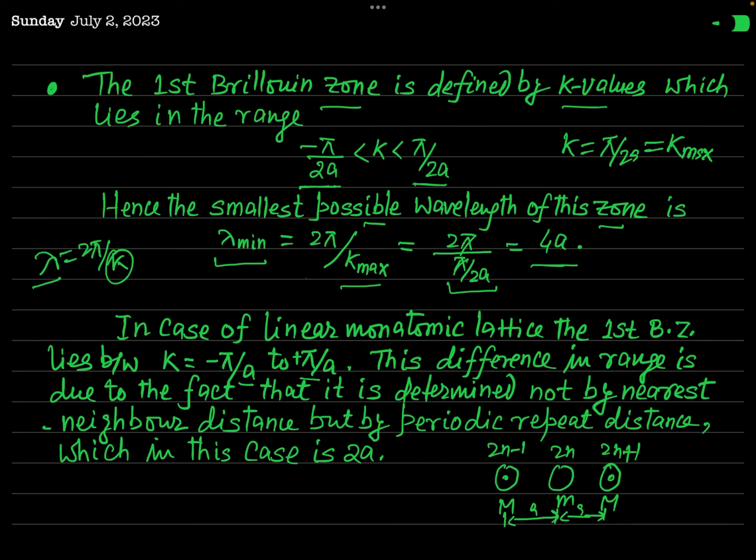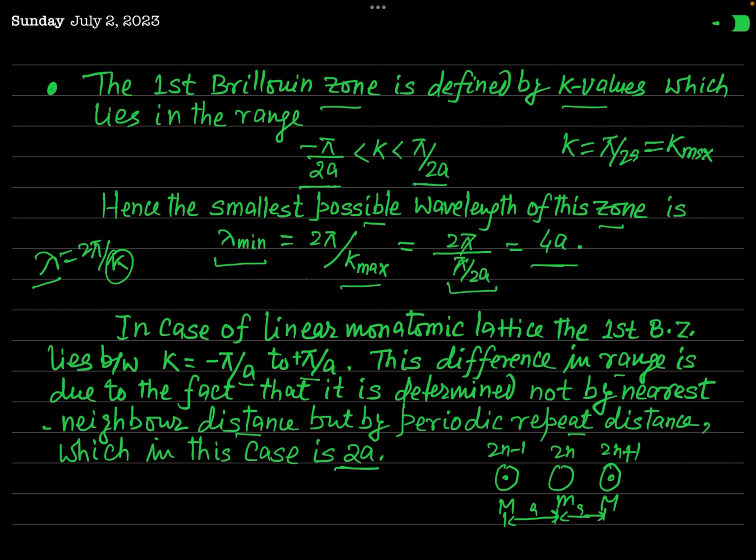And that's why in this case the first Brillouin zone lies between minus pi by 2a to plus pi by 2a k values. So I have mentioned here that this difference in range is due to the fact that it is determined not by the nearest neighbor distance but by the periodic repeat distance, which in this case is equal to 2a.